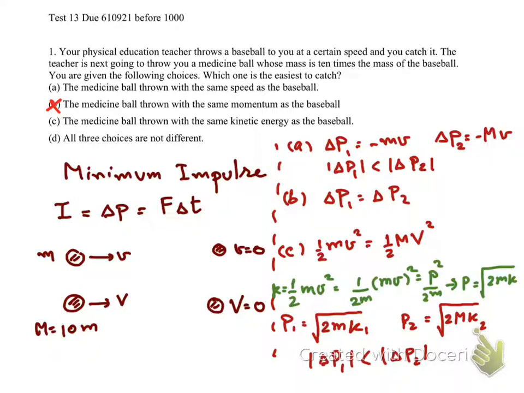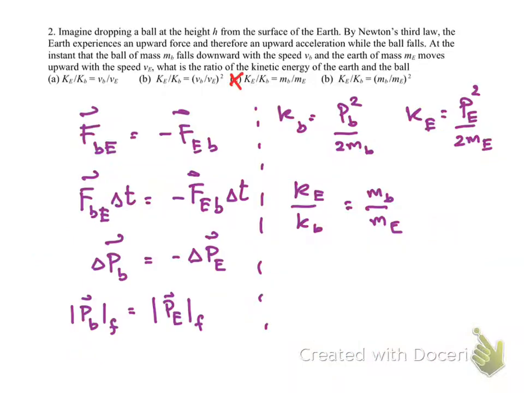So the easiest case to stop the medicine ball is choice B, where they are thrown with the same momentum. Okay, so that is question number 1.